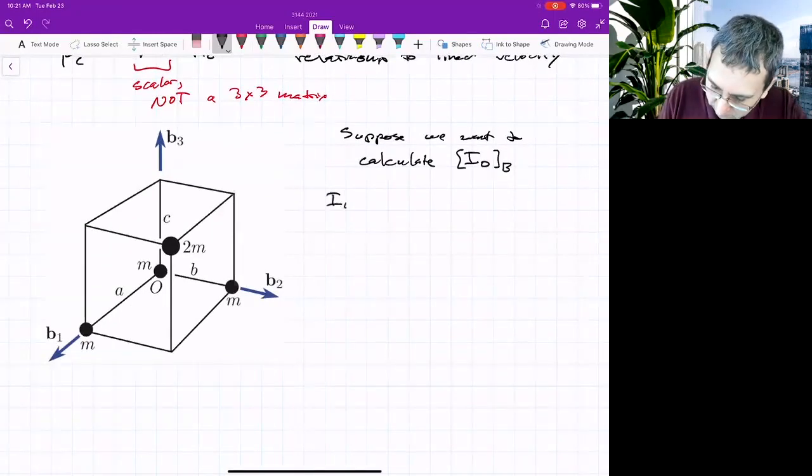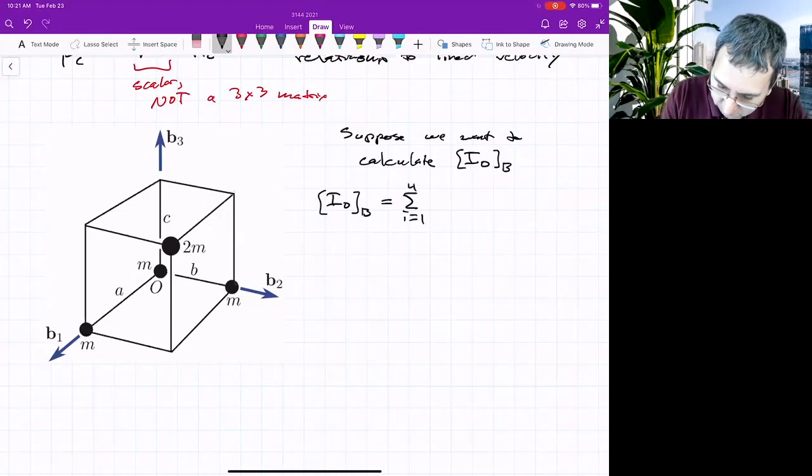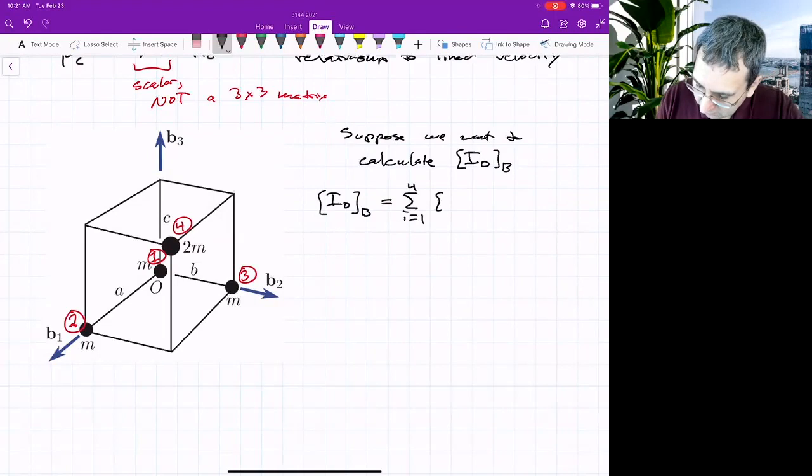Like we wrote up above, it's the contribution from 1 to 4 of each of the particles. I think we called this particle 2. That's a 2. This is a 1. This is 3. And up here is 4 of these individual contributions.